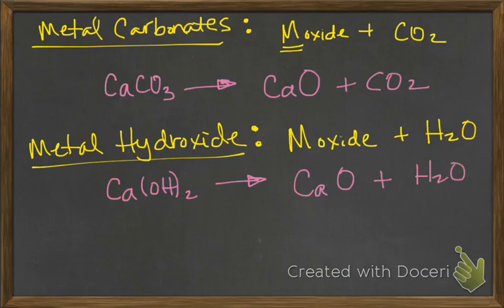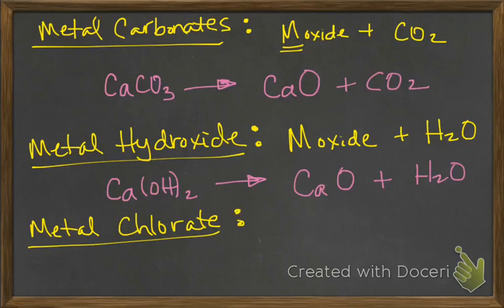Third example. Decomposition of a metal chlorate. When you break it down, you will get a metal chloride and oxygen gas. So let's stick with calcium again.